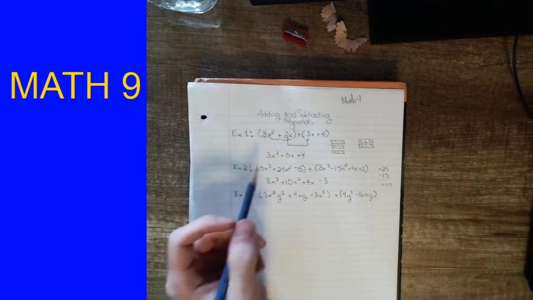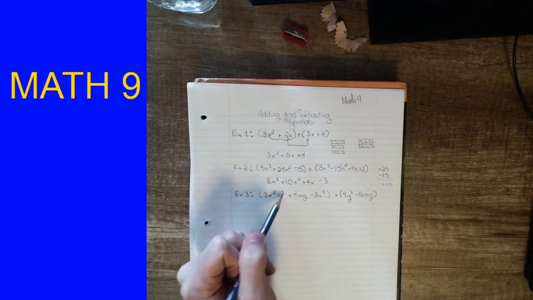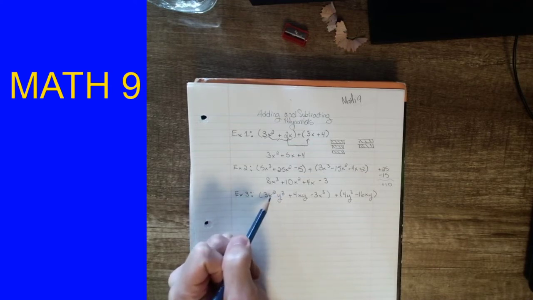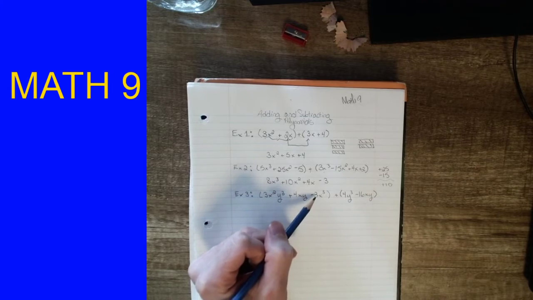So here, what's a little bit different is you have x variables and you have y variables. And you have some that have both, others that have both at different powers, and then you have some that don't have both.